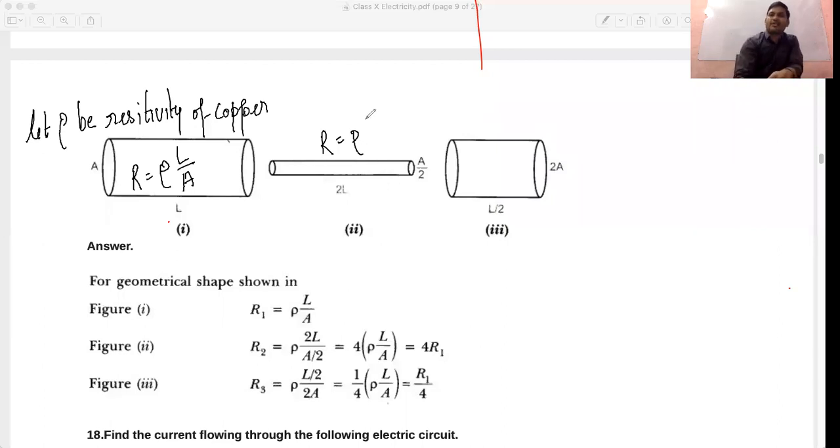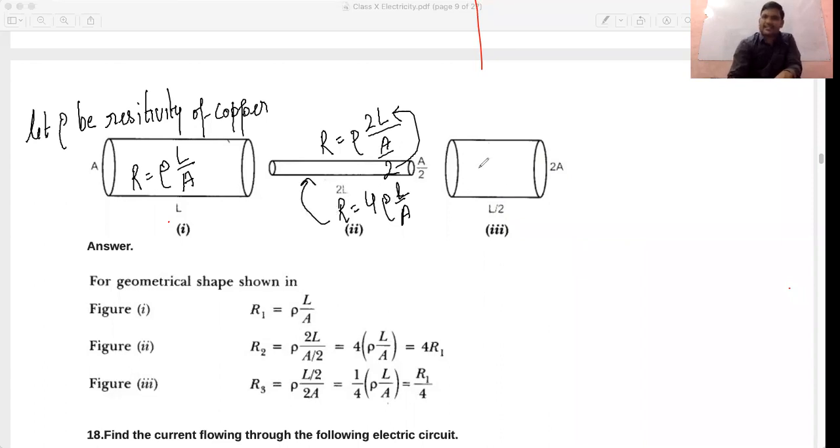The length is now 2L, and the area of cross section is A by 2. Then it will come to the numerator, and the resistance will become 4 times rho L by A. This is the resistance of this wire.